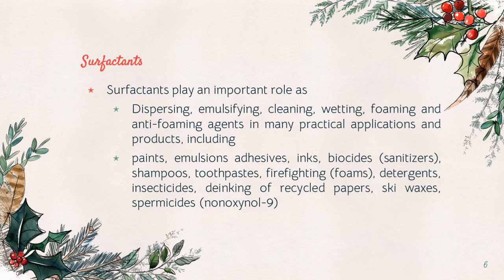Apart from that, they also play a very major role in various industries, for example as dispersing agent, emulsifying agent, cleaning agent, wetting agent, foaming agent, and also anti-foaming agent. They find major application in preparing paints, emulsions, adhesives, inks, biocides, that is sanitizers, shampoos, toothpaste, firefighting foams, detergents, insecticides, de-inking of recycled papers, ski waxes, and spermicides.